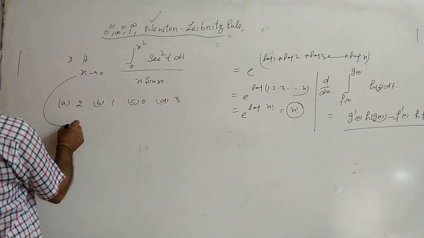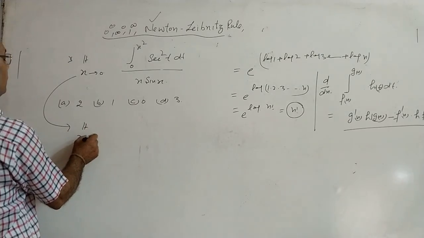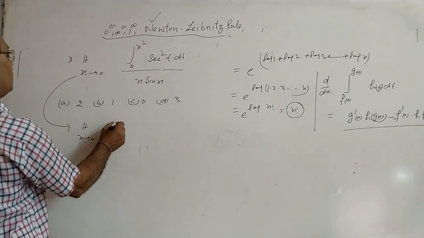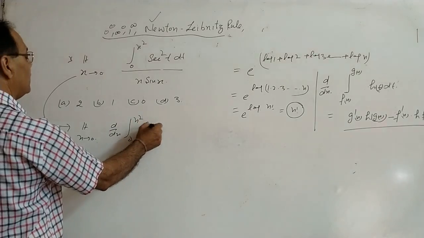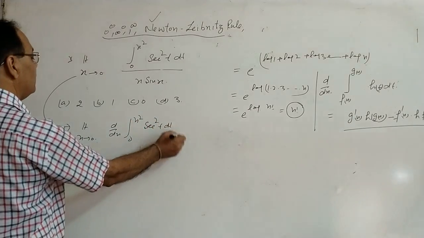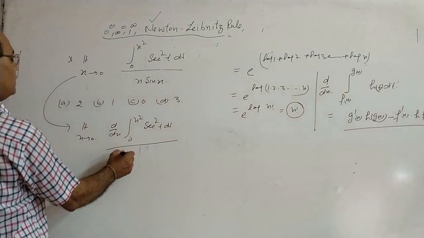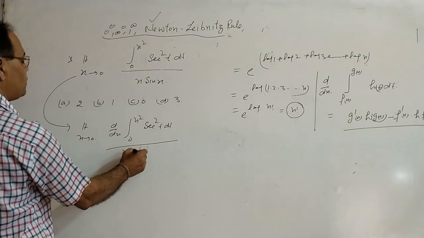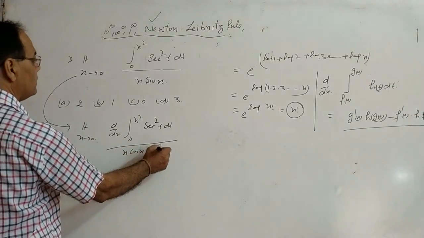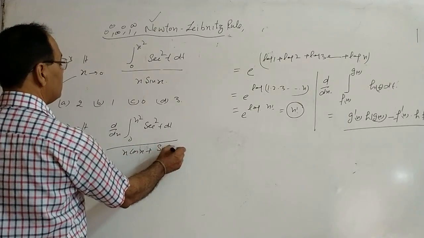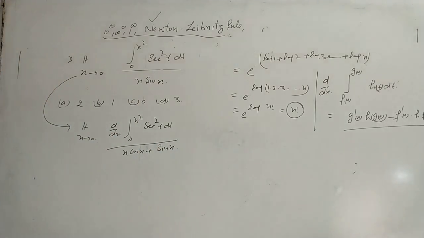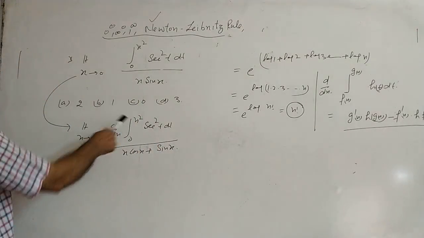So by using L'Hospital rule, you take d/dx of the integral from 0 to x square of secant square t dt, and in the denominator, x as it is, differentiation of cos x, then differentiation of sin x, then sin x as it is, and differentiation of x.